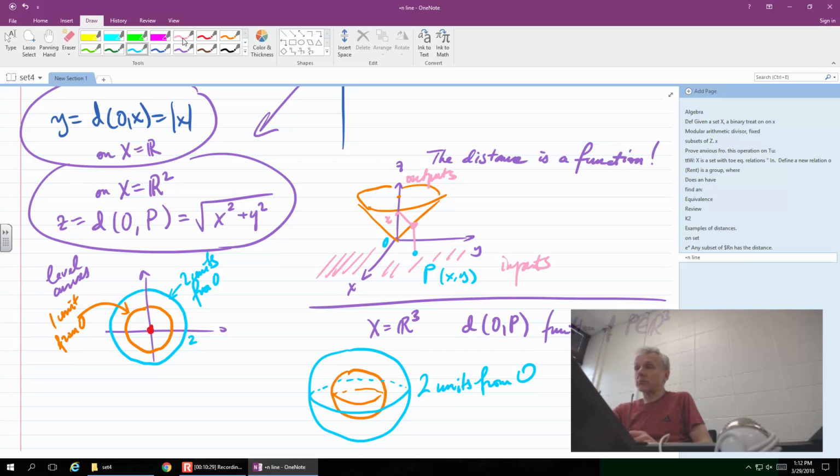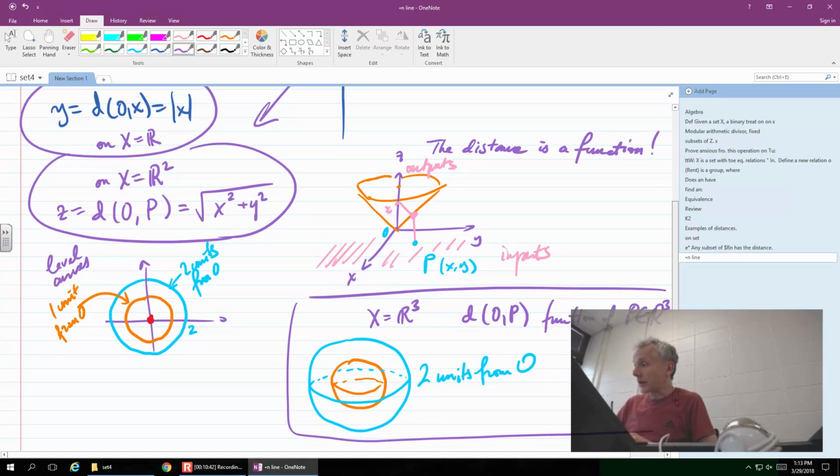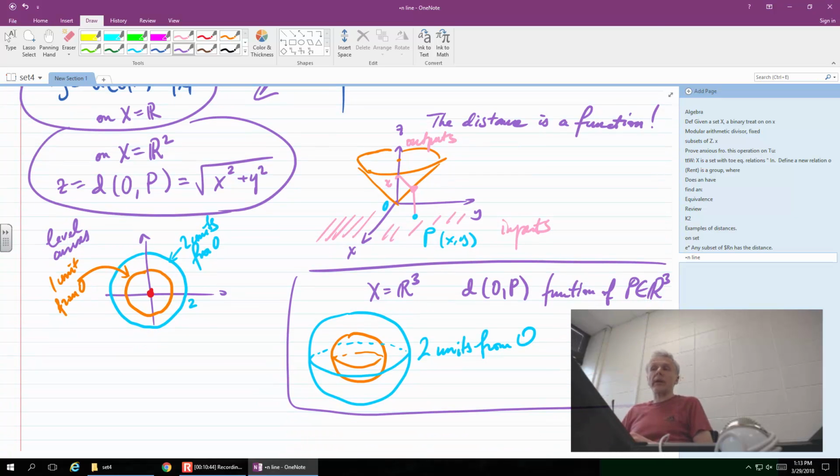Well, what's going to happen? It is hard to explain, but those won't be level surfaces for one. In n dimensions, it's really not helpful. But the point was still, I was making this simple point that distance is a function.